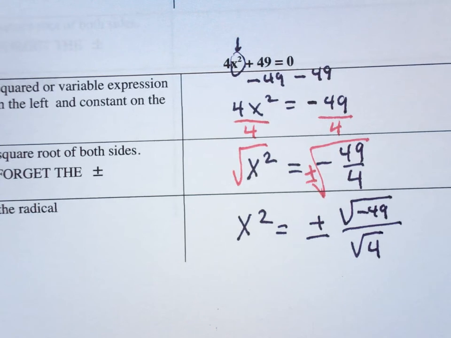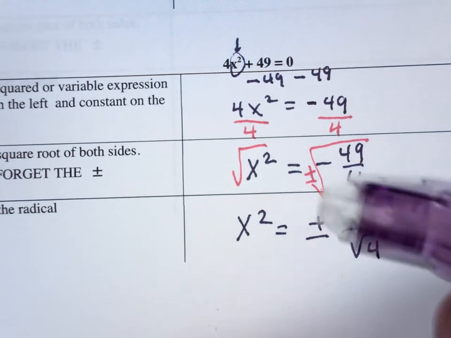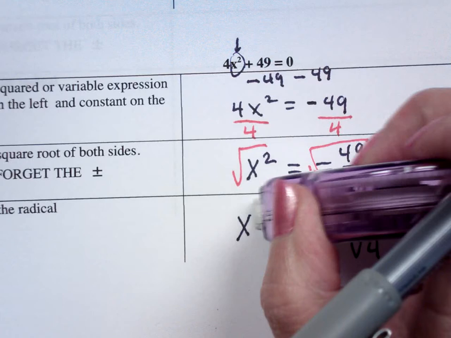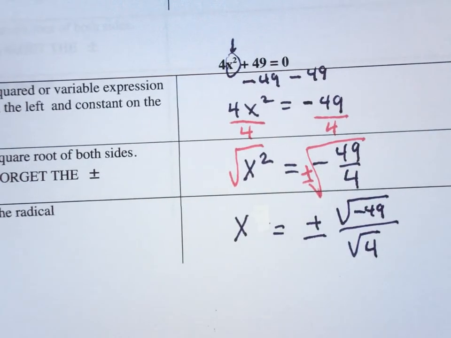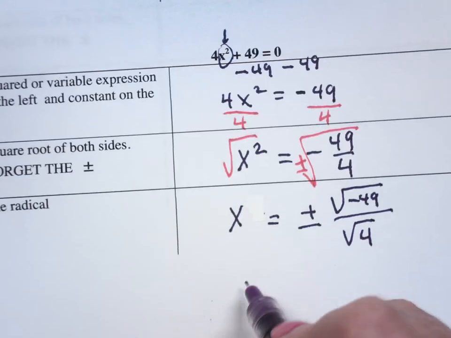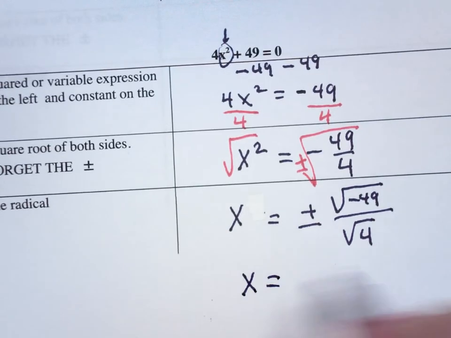Now I simplify the radical. The square root of 4 is 2.